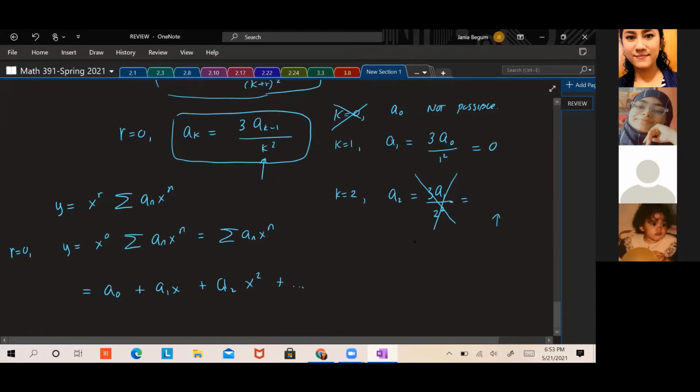I also have some trouble when we start to plug in our n values, or I guess our k values in this instance. If it's like a sub n plus 2, then obviously we get a0 on top or something like that. And when we're writing out the series solution, we just replace a2 with a0.